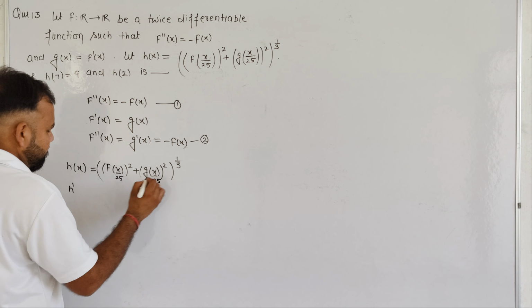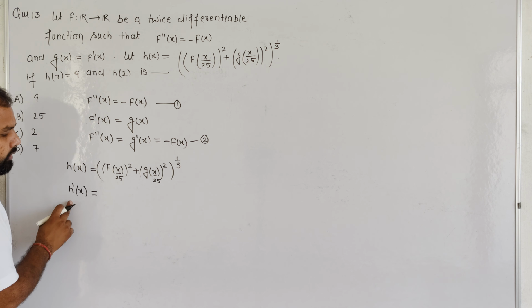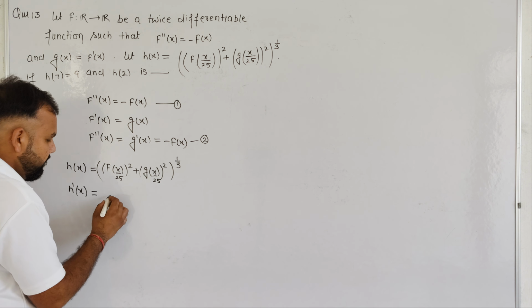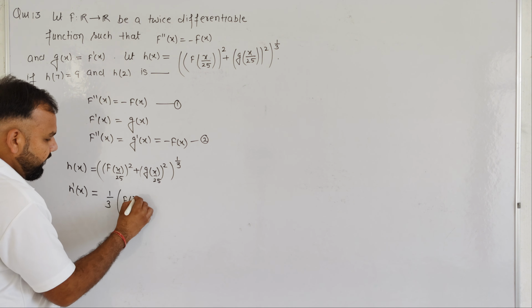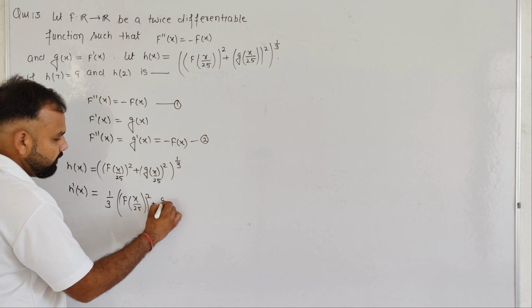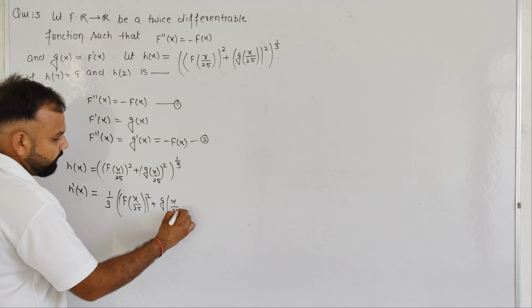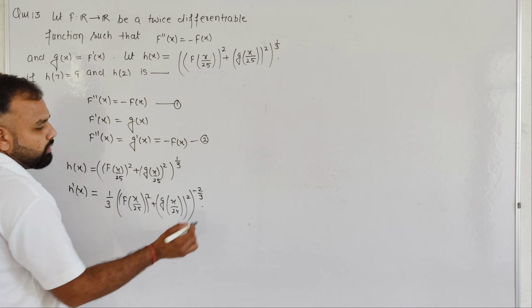Okay, so if we differentiate both sides, h dash x equals 1 by 3 times (f of x upon 25 whole square plus g of x upon 25 whole square) to the power minus 2 by 3.